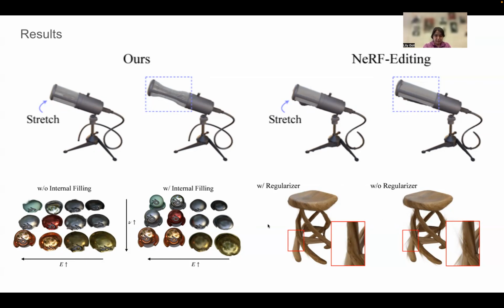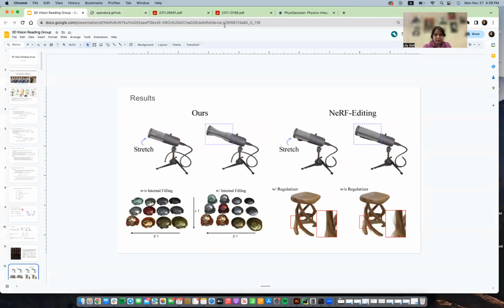And these are the optional steps. Without the internal filling, we'll get this squishy thing because there's no mass inside these globes here. And the regularizer also helps solve these spikes here. They did not report how this regularizer affects 3DGS quality itself. They just showed it for deformation, but that would be interesting. And I think that was all.